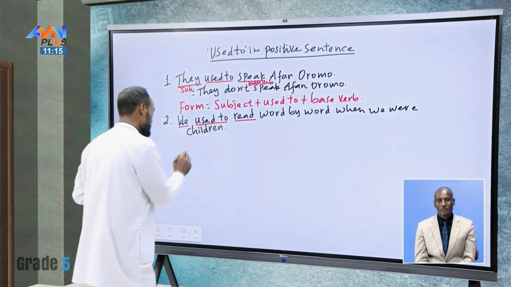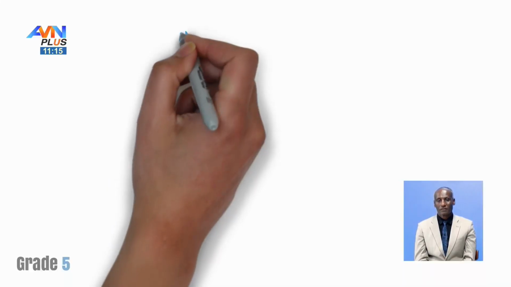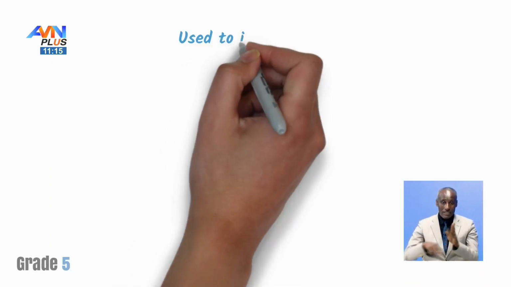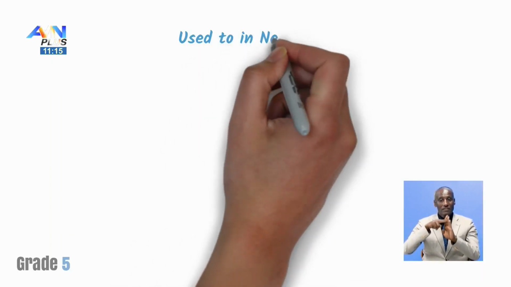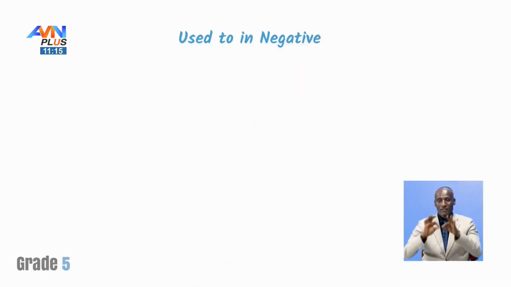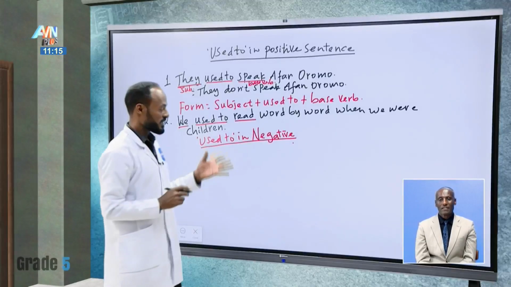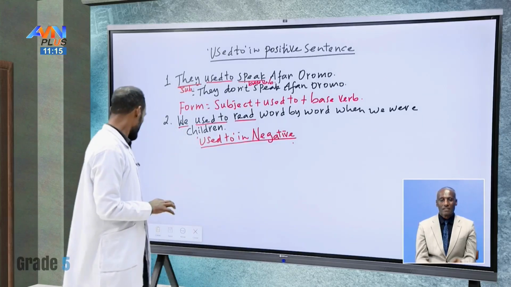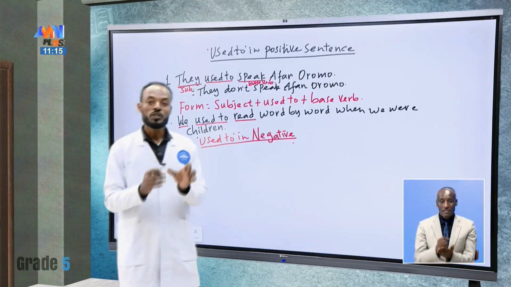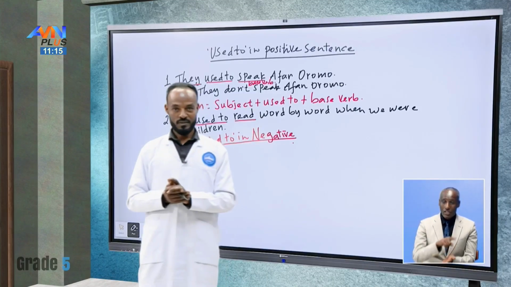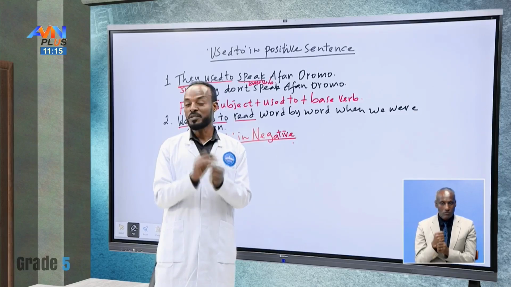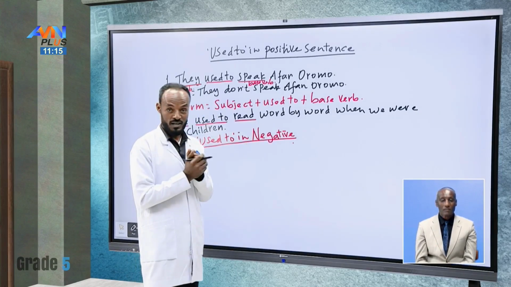What about used to in negative sentences? Look, when we're saying a negative sentence, we mean something that you didn't do regularly. You didn't do it because we are saying the negative one. Clear?